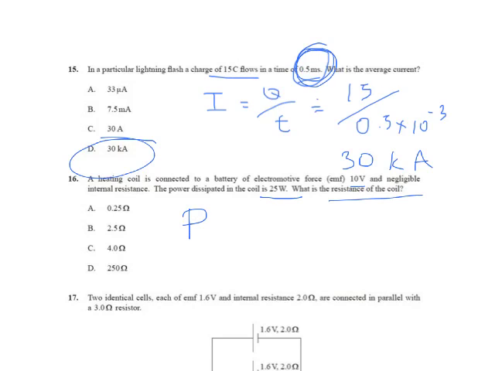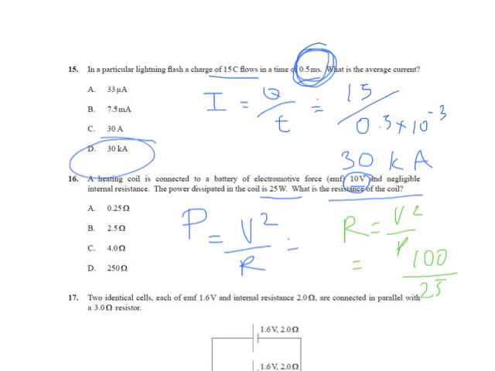Power equals V squared over R. If we rearrange to make resistance the subject, resistance equals V squared over power. We've got EMF of 10 volts, so 10 volts squared is 100. Power dissipated is 25. 100 divided by 25 gives us a resistance of 4 ohms, which is C.